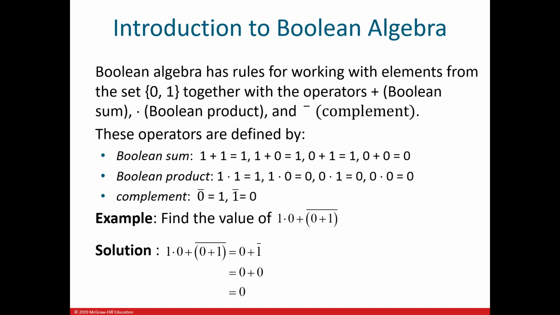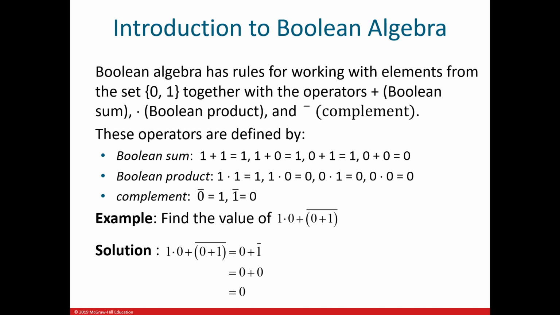Now it has its rules which we saw, which are very similar to propositional logic, but every element is drawn from the set 0 1, and every equation will also have the value either 1 or 0.